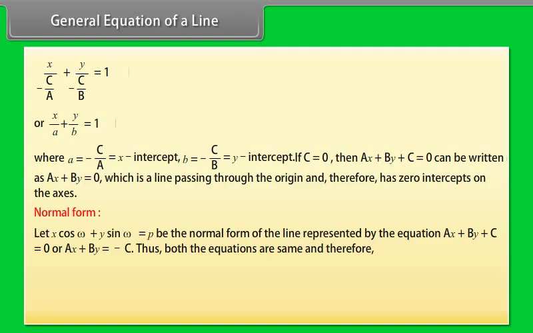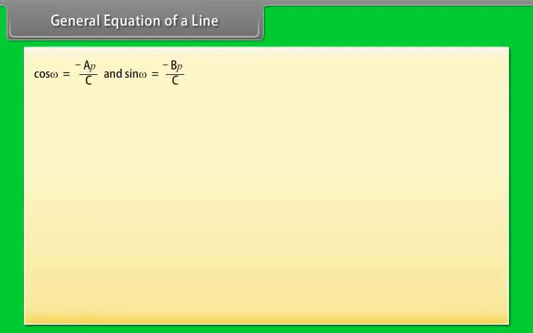Thus both the equations are the same and therefore a/cos omega = b/sin omega = -c/p, which gives cos omega = -ap/c and sin omega = -bp/c. Now sin² omega + cos² omega = (-ap/c)² + (-bp/c)² = 1.